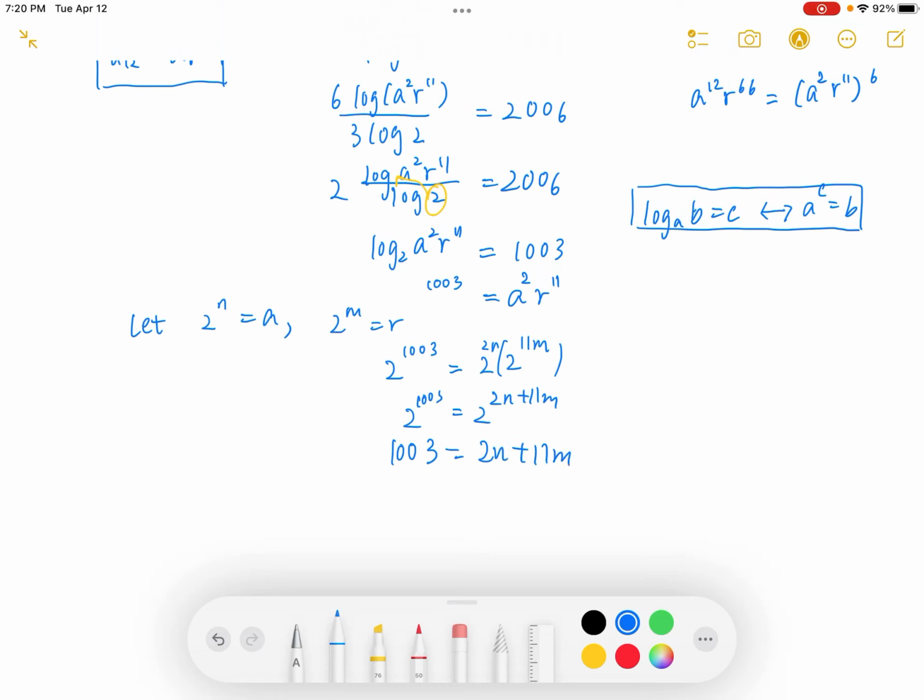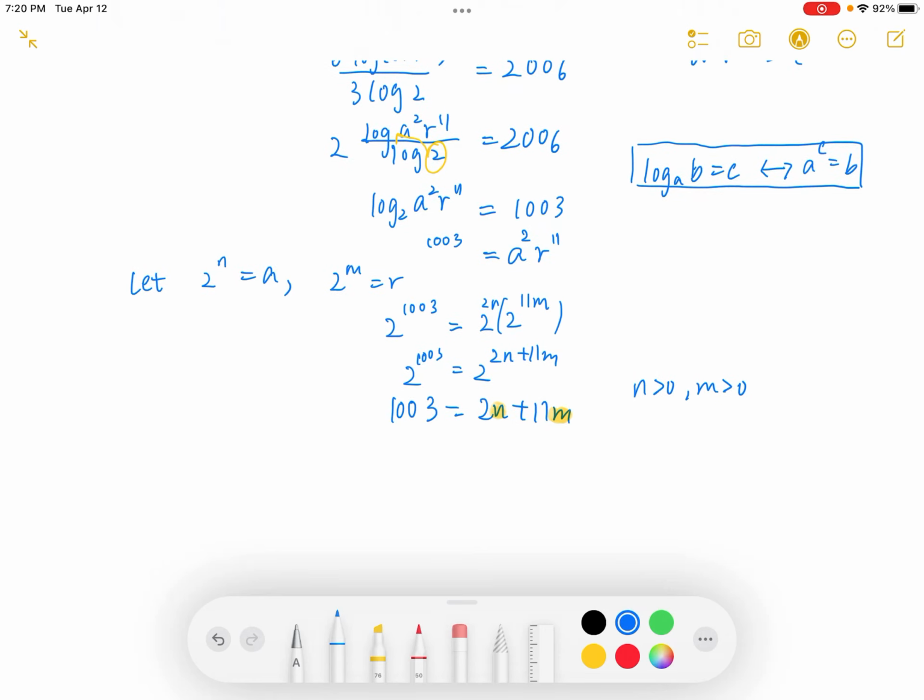So now we just need to find the number of ordered pairs (a, r), which is equivalent to finding the number of ordered pairs (n, m), in which n and m are greater than 0. So we can try to rearrange the terms: 1003 minus 2n, divided by 11, is equal to m.